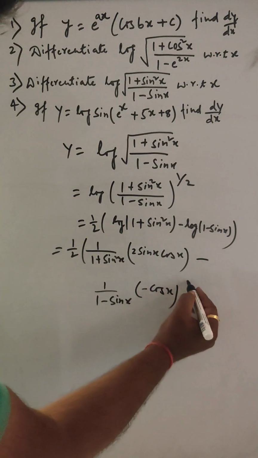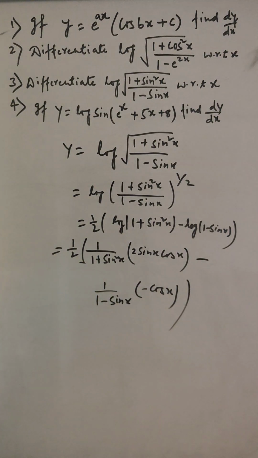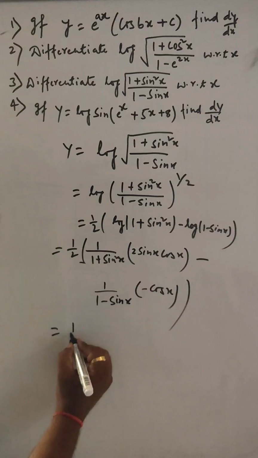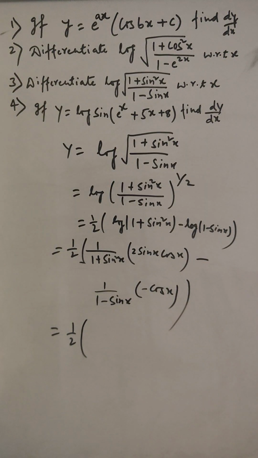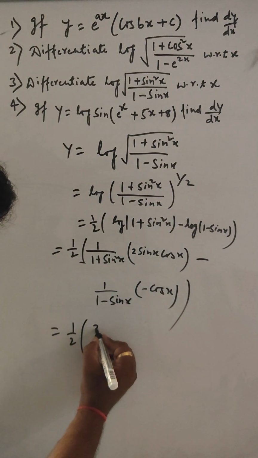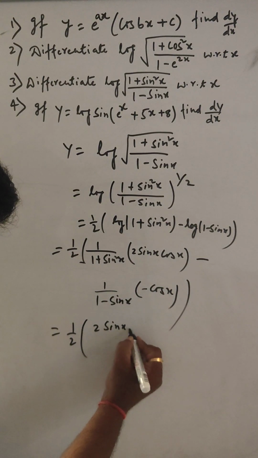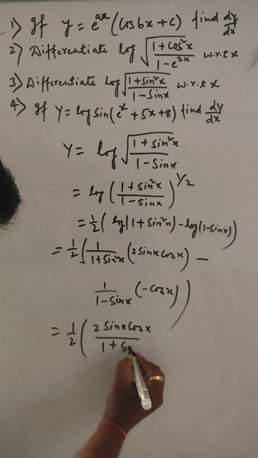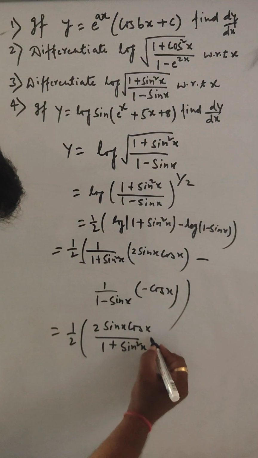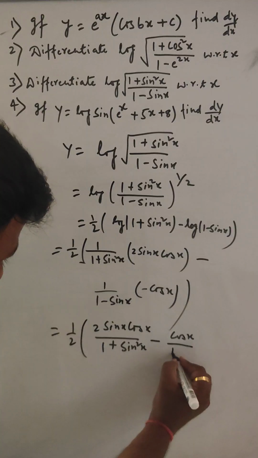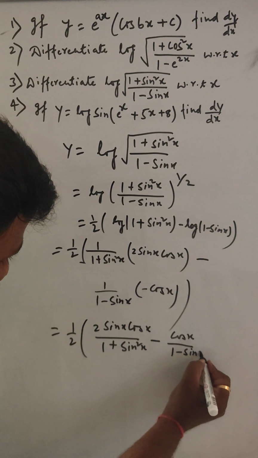Got it? So this bracket is this one. Okay, now what we can do here, 1/2 we have, and here it is 2 sin x cos x over 1 plus sin square x, and here minus cos x over 1 by sin x.